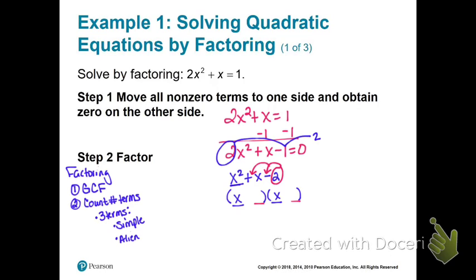A 1. So what multiplies to 2 that will subtract to 1? So 1 times 2 is 2, and they subtract to 1. Bigger number first. Bring down the first sign. And a positive 2 times what kind of 1 gives me a negative 2 there at the end? A negative.